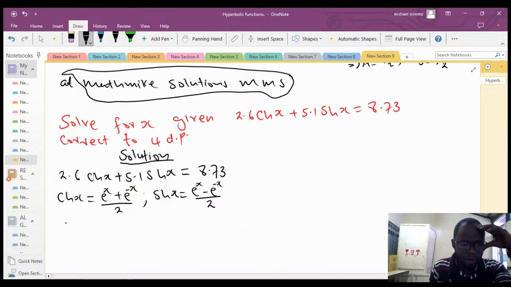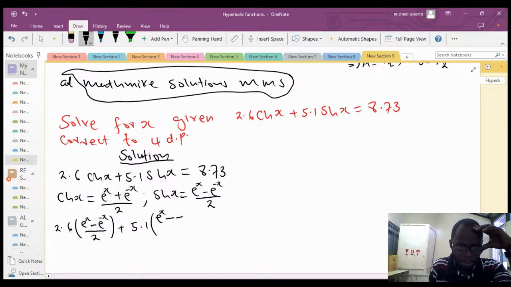So with that, members, we have 2.6 into exponential x plus exponential negative x all over 2, then plus 5.1 into exponential x minus exponential negative x all over 2, and this is equal to 8.73.